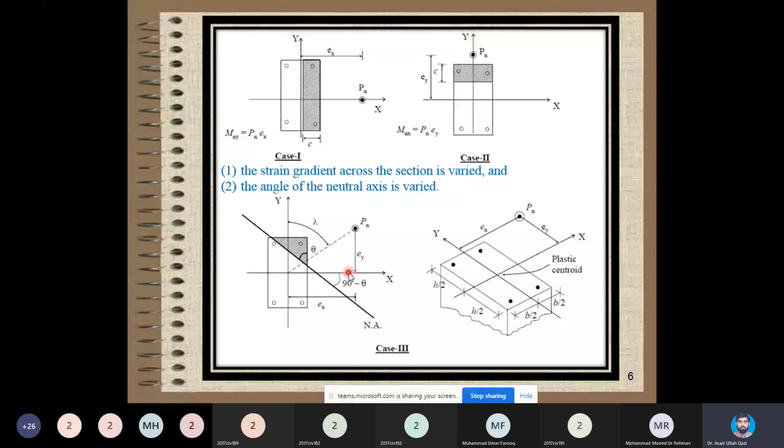I repeat, if you are given a particular load, moment x and moment y, and you are asked about this P, Mnx and Mny. Suppose P is 1000 kilonewton, Mx is 100 kilonewton meter, and My is also 100 kilonewton meter. And you are asked, against this applied load and two moments, what is the neutral axis depth and what is the theta, the orientation of the neutral axis.